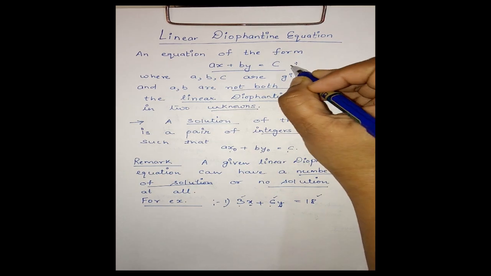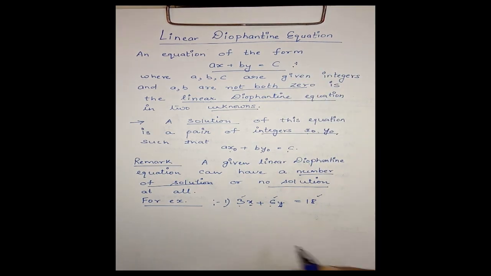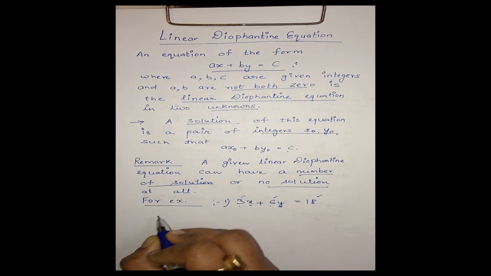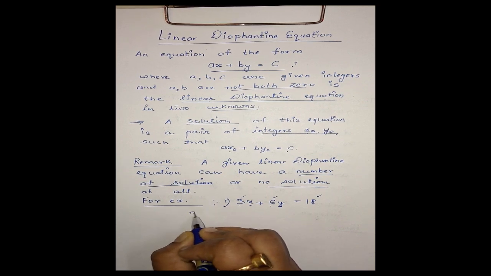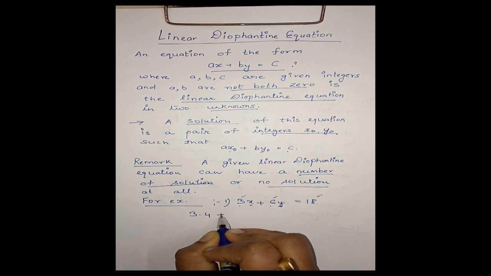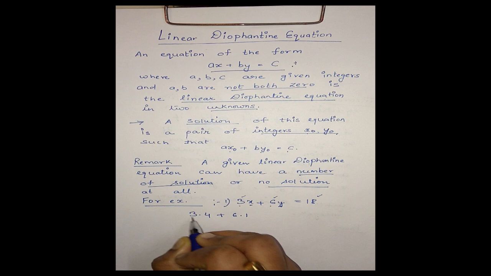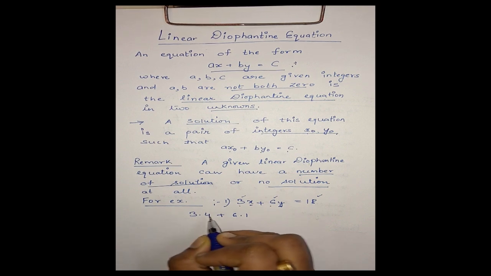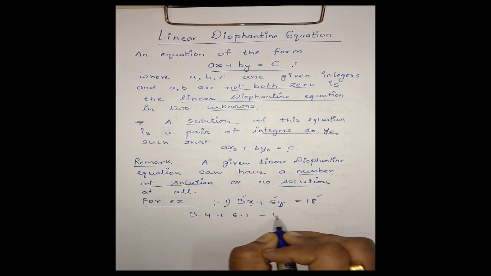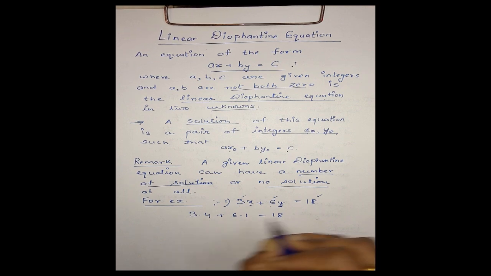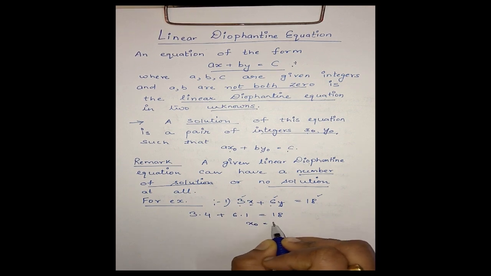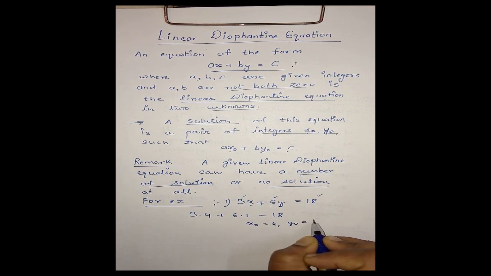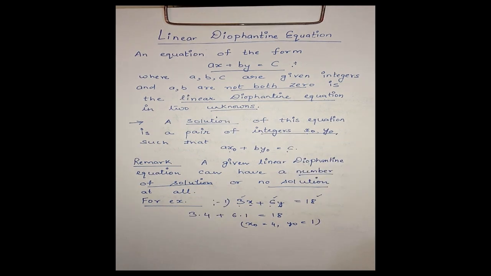Then this is of the form ax plus by is equal to c. Now if we write 3 into 4 plus 6 into 1, that is 12 plus 6, that is 18. That means x naught is equal to 4 and y naught is equal to 1 is a solution. Clear? This is one solution.